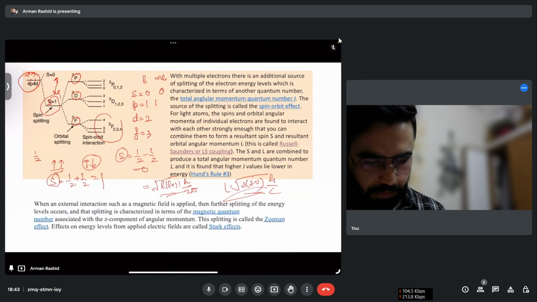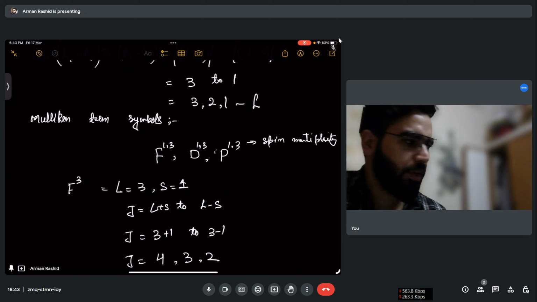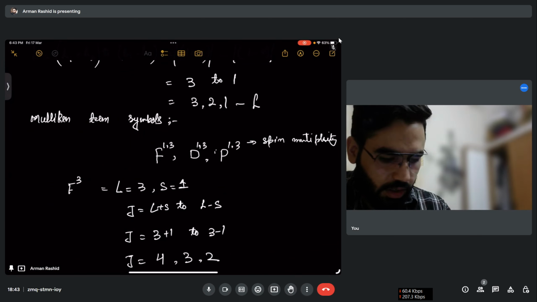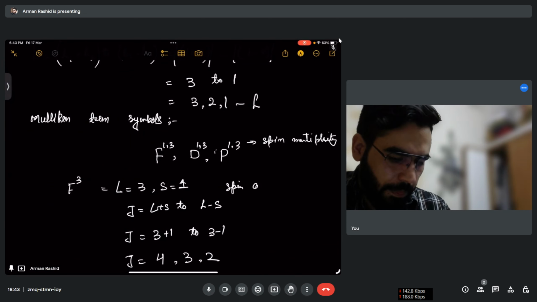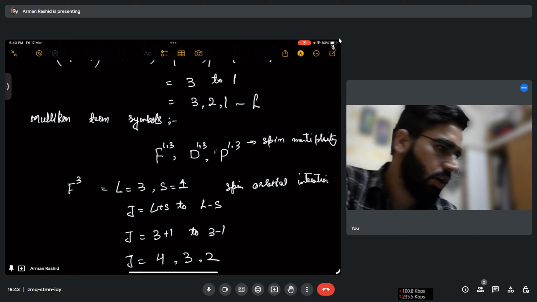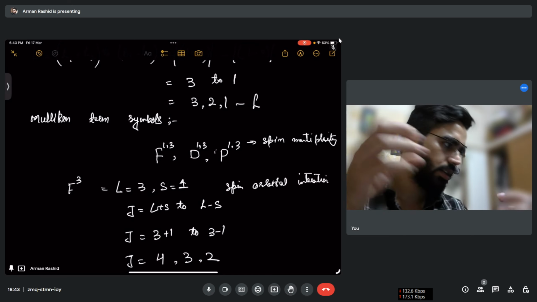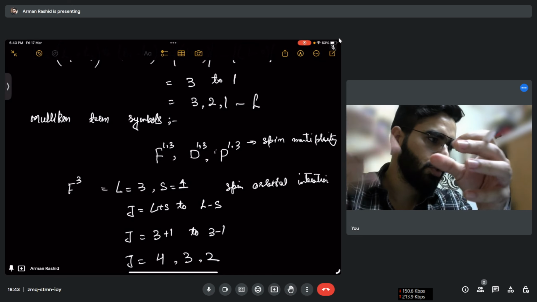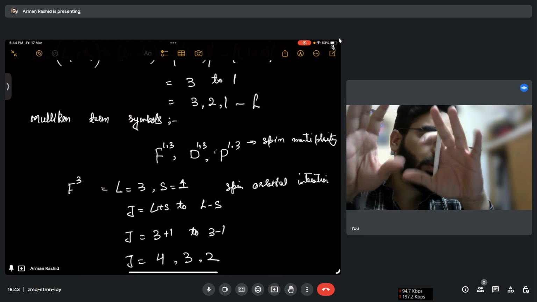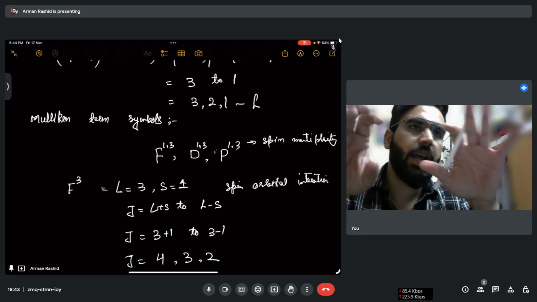So this setup is called spin orbital interaction. First we did the spin interaction, then the orbital interaction. So we calculated the total spin quantum number, then the total orbital quantum number.